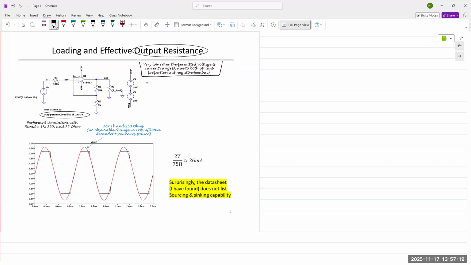It can be connected to loads that require output current from the amplifier. So we can use the op amp as a voltage amplifier, a current amplifier, or a power amplifier, because it has low output resistance.